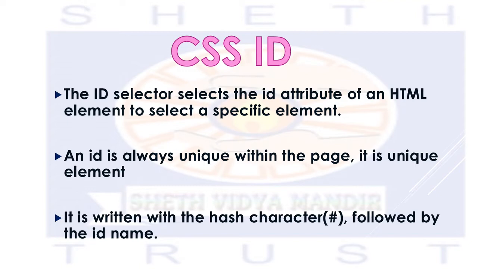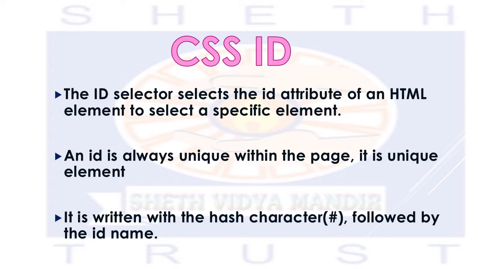This defines that block. Now with CSS ID, if you want to style a specific element, you can apply it with the help of ID. You have to write the ID in place of the selector. An ID is always unique within the page, and it is for a unique element.